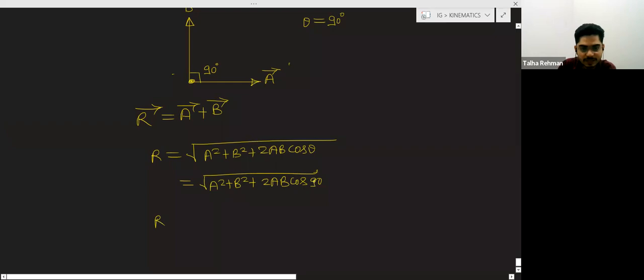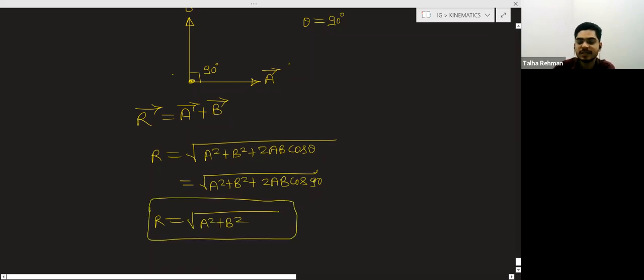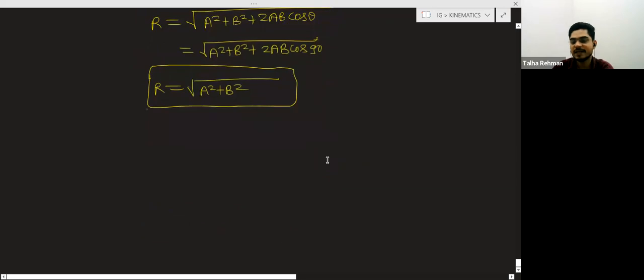Basically the resultant will simply be under root of A square plus B square. That is why I told you we will write tangential acceleration square plus centripetal acceleration square, under root, for the resultant acceleration.